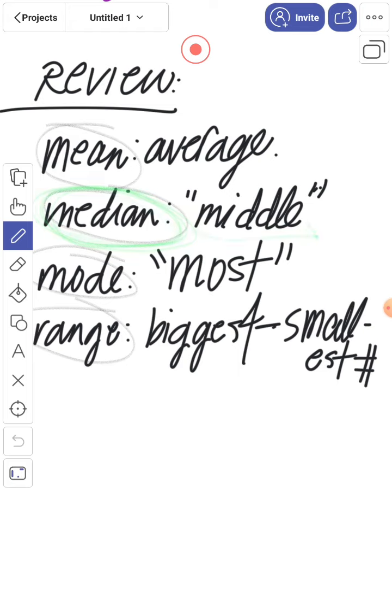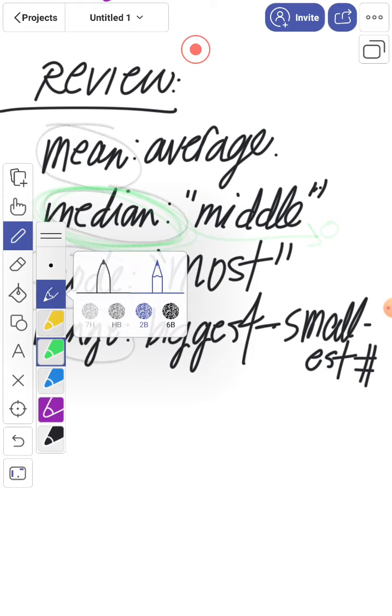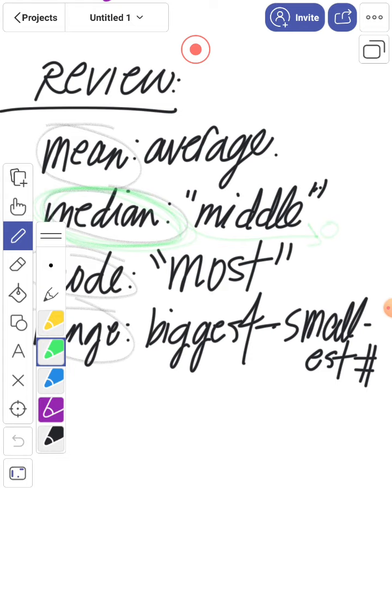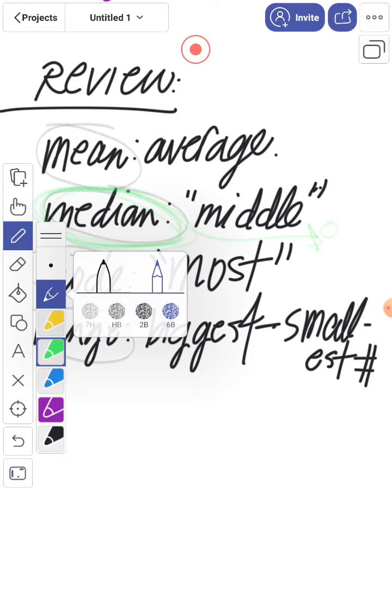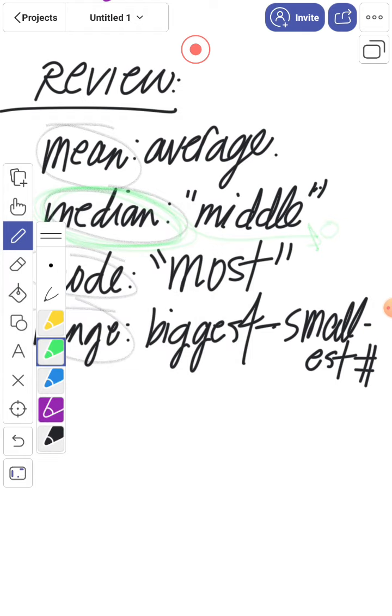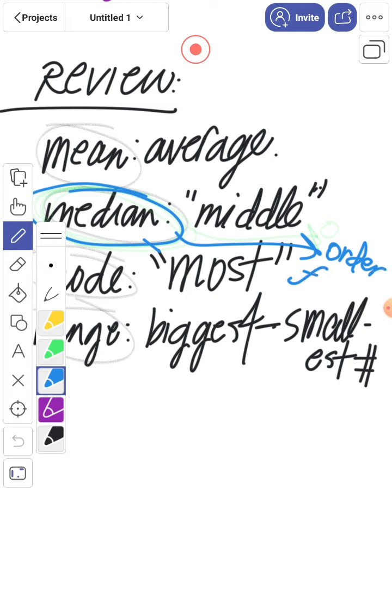You have to put them in order first. Sorry about my handwriting.